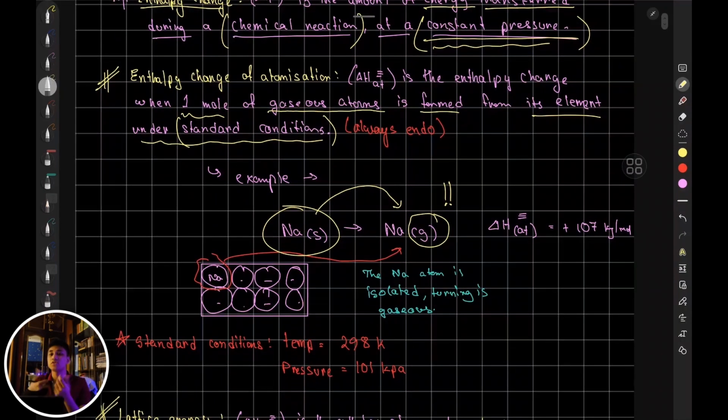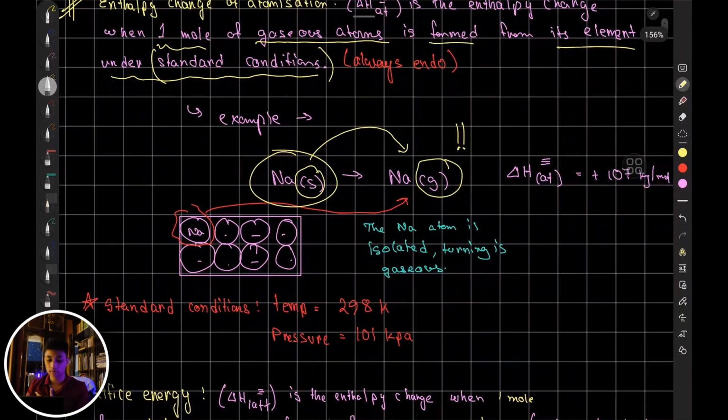So what is the change that is happening? We're turning it from a solid to a gas, and in doing so, this is the diagram. Let's say this sodium atom is part of metallic bonding because it is a metal, and there are strong electrostatic forces between the sodium ions and the electrons because there are charges.